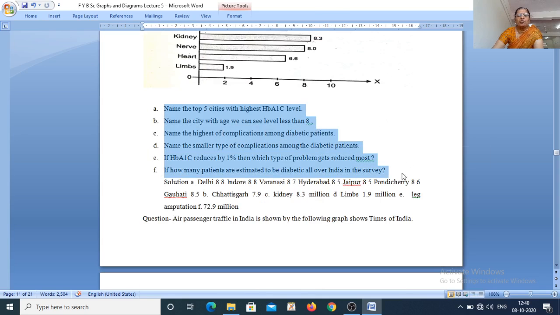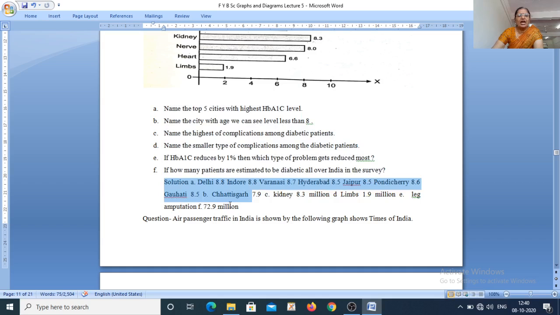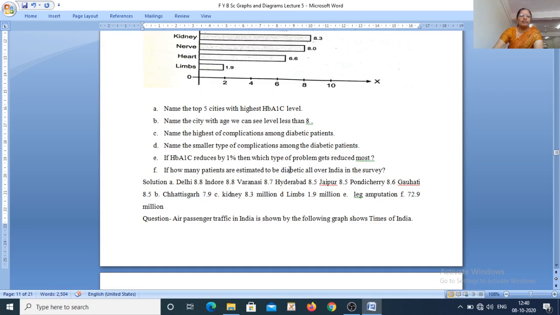See, such type of questions are generally asked in any type of competitive exam. Remember, in MPSC and UPSC, there are always 2 or 3 problems which are based on analysis of data using graphs and diagrams.